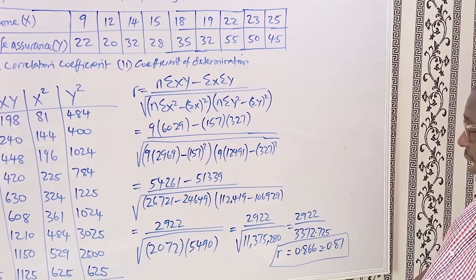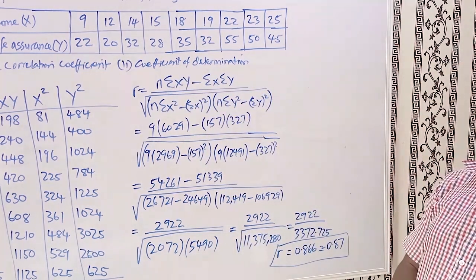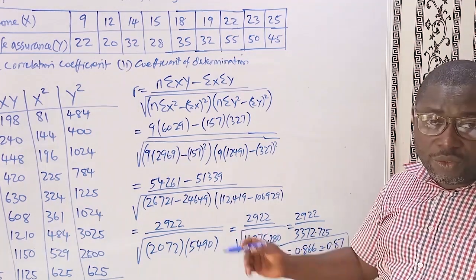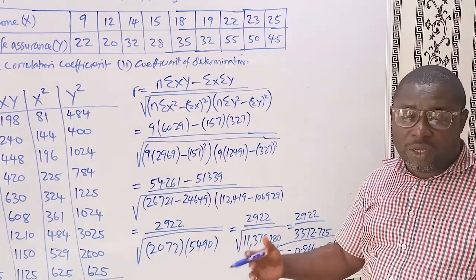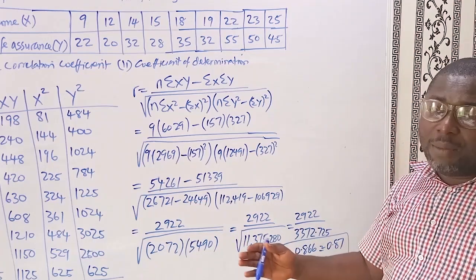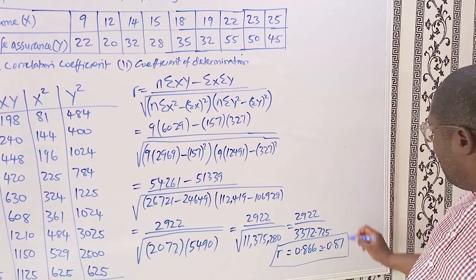Now we also need to find the coefficient of determination, which is when we remove all causes of variations from what we call error term, or remove all other things that may affect the relationship. We find the square of this.